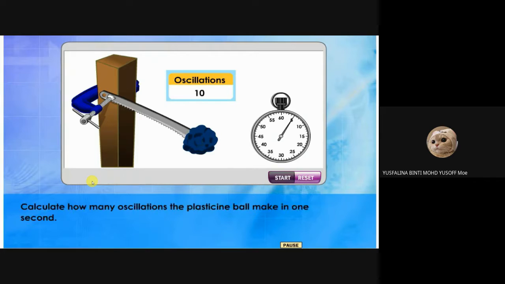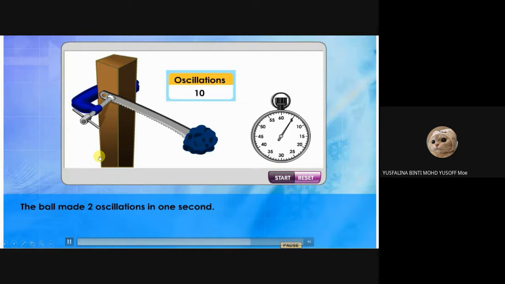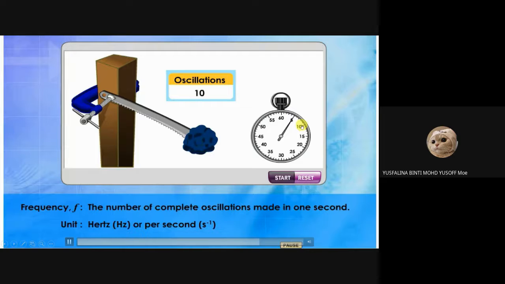Calculate how many oscillations the plasticine ball makes in 1 second. So for this one you have to divide 10 by 5. The ball made 2 oscillations in 1 second.